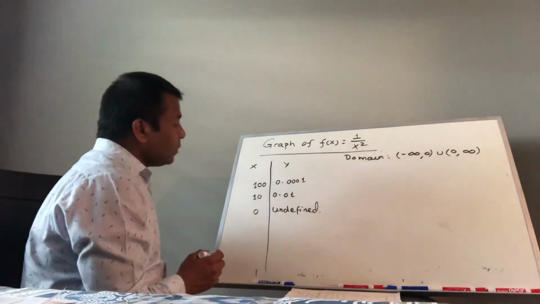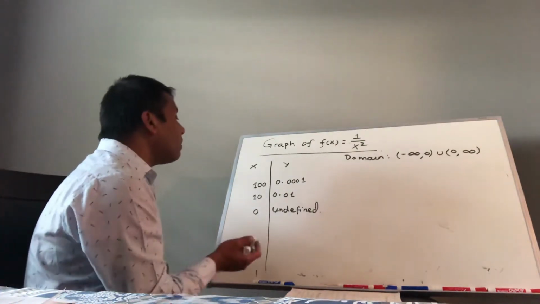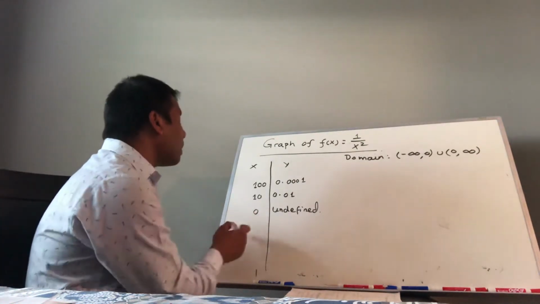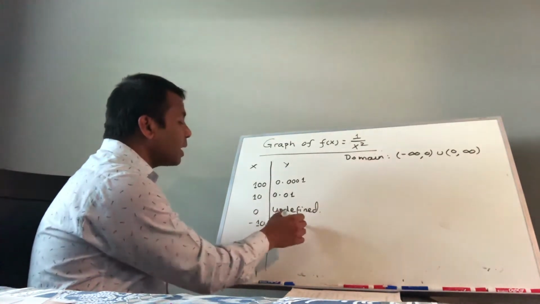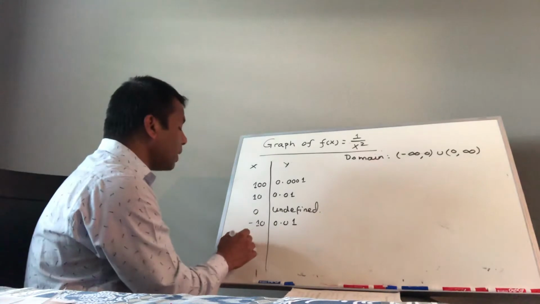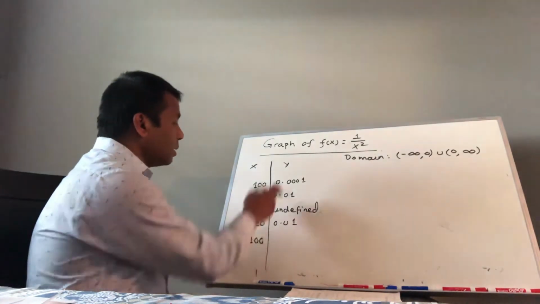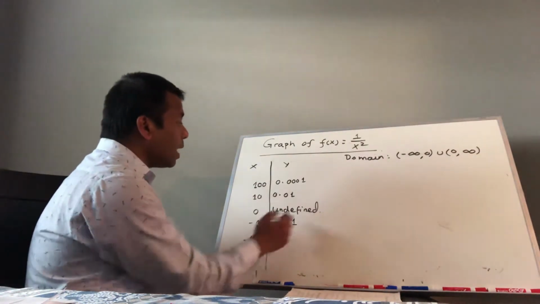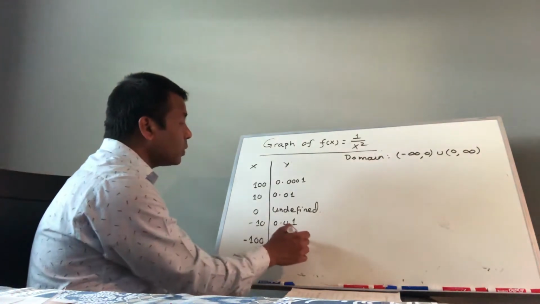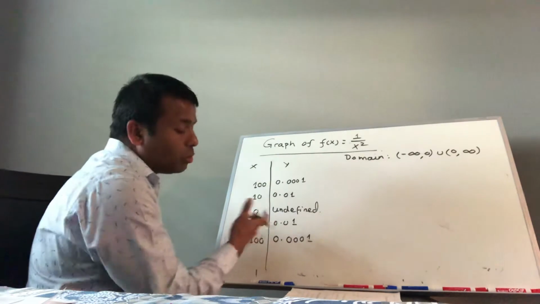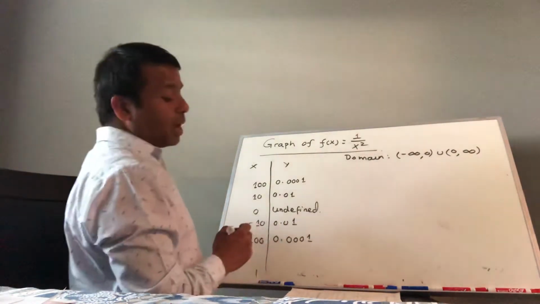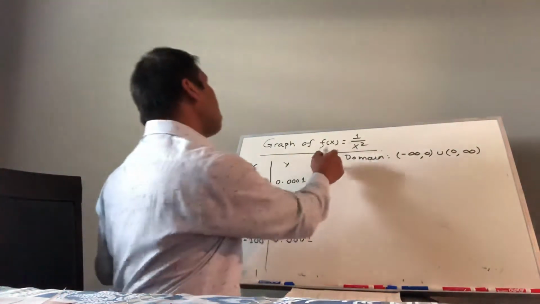So if I plug in the negative values, if I plug in negative 10, I'll get the same 0.01, and if I plug in negative 100, I'll see the y value is 0.0001, right?